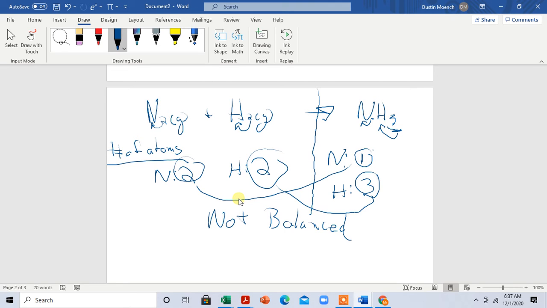So what we need to do is balance it, which means make sure that on both sides there's an equal number of atoms of each element.